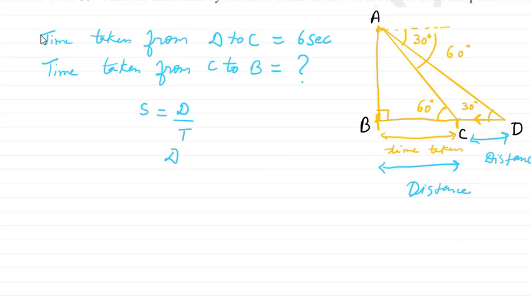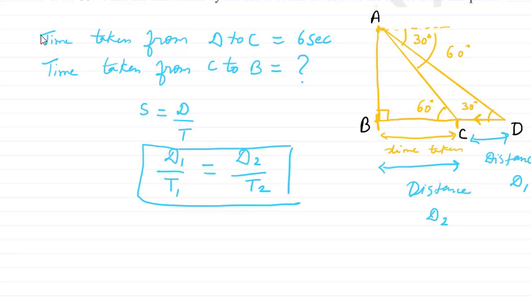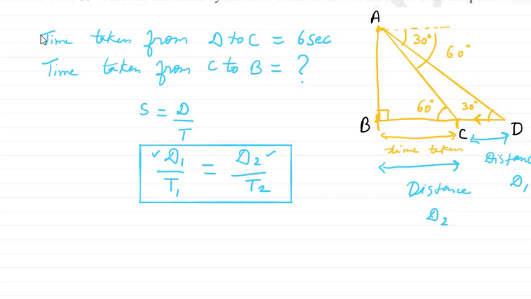So if the distance is different, like let's say this is the d1 distance and this is the d2 distance, so the time taken will also be different. So let's say in the first it is taking t1 time and in the second it is taking t2 time. So d1 by d2 will be the same as t1 by t2. So we already have the t1. So what we will do here, we will find out these two distances d1 and d2, and then we can get the value, that is our t2.